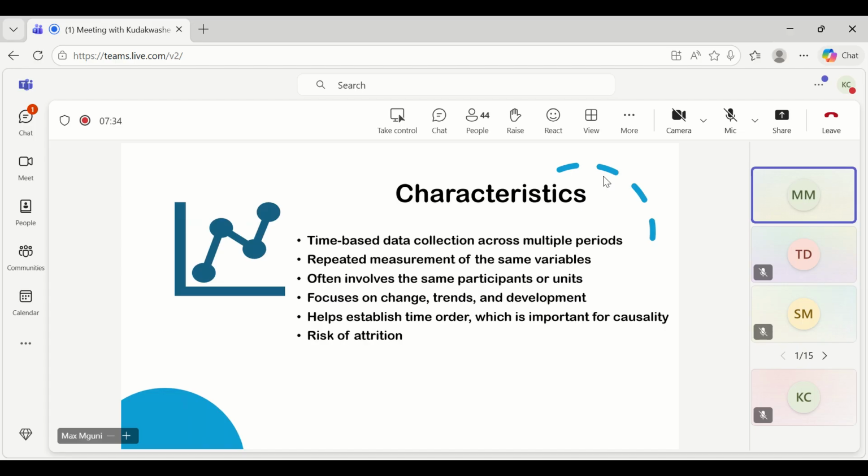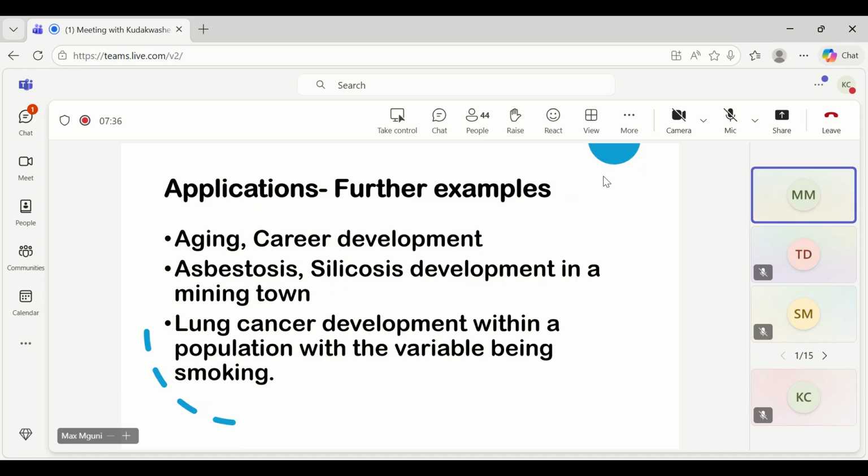But it also has a risk of attrition. Applications for these are further examples. So usually we look at them to look at career development, for example, aging. These are used as well for diseases like asbestos, which usually show up 40 to 50 years after exposure.